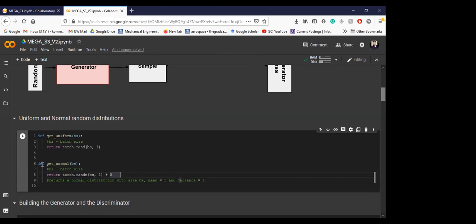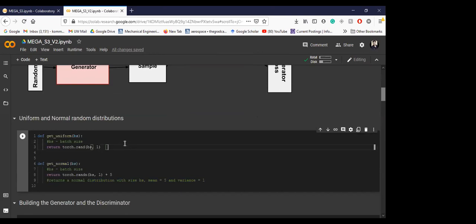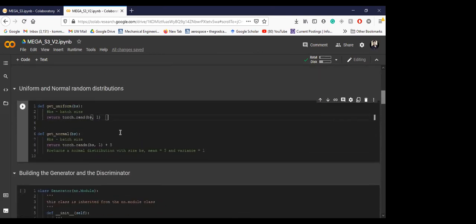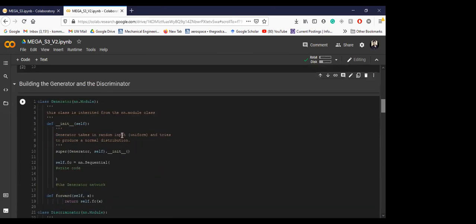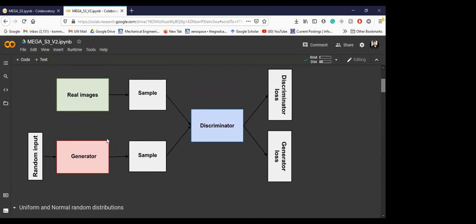So this is our input data where the distribution is essentially with a mean of 5 and a variance of 1. And this is the input to the generator, which is uniform. And also make sure to run these things as we are going along. So let's go back to the map.